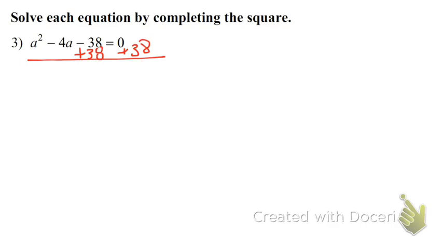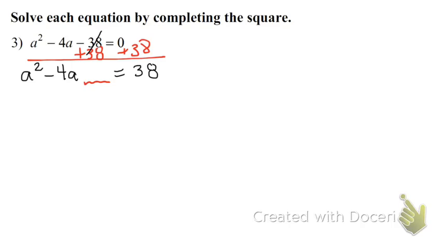What results is a squared minus 4a. Leave some space, bring down your equal sign, and 0 plus 38 is 38. That's the first step. And you do want to always leave this little bit of space right here, because you'll see why in a minute.